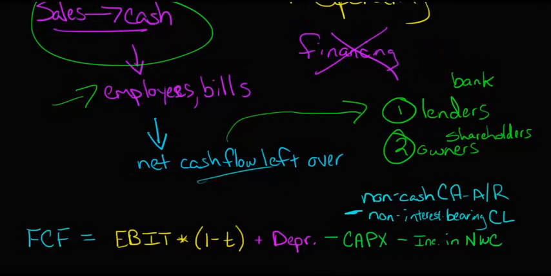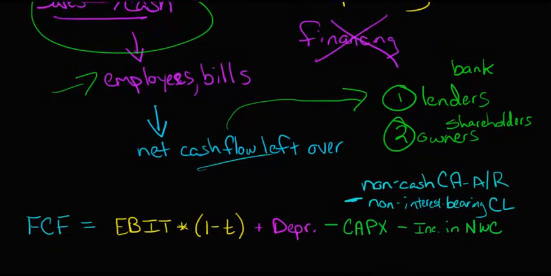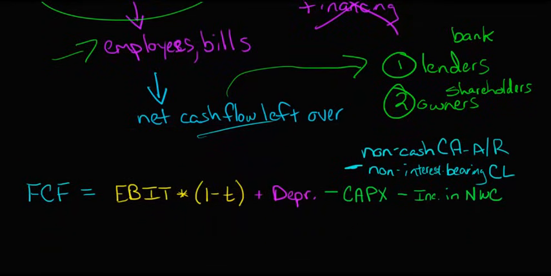Whatever the current assets are, deduct cash, those net current assets, and then we're going to subtract out any current liabilities that are not bearing interest. So for example, the current portion of long-term debt would not be included, even though it's a current liability. That's an interest-bearing current liability, so that would not be factored into our calculation of increase in net working capital. So this is the equation that we use to calculate this.